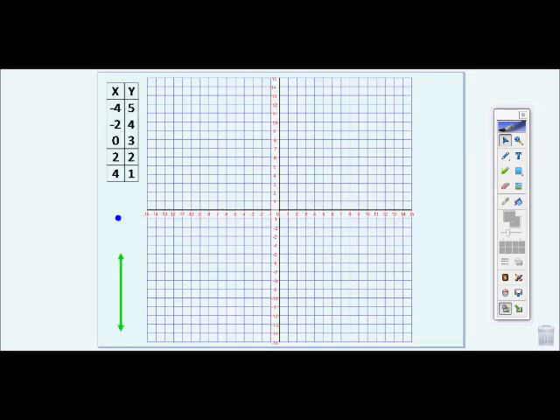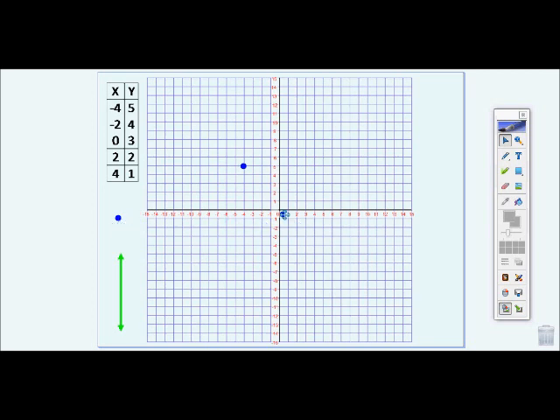Moving that chart over to my grid, I can go ahead and graph this to see if it is truly a linear equation, but I didn't get any of my points wrong. Negative 4, let's come to the left, negative 4 on the x-axis, and let's go up 5 on the y.